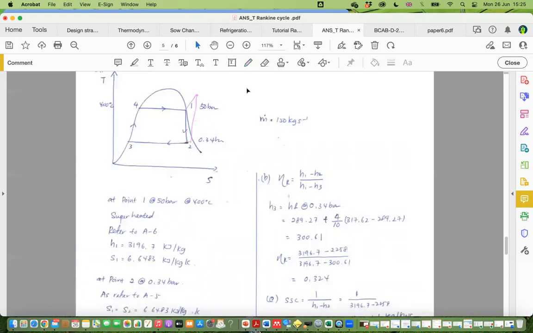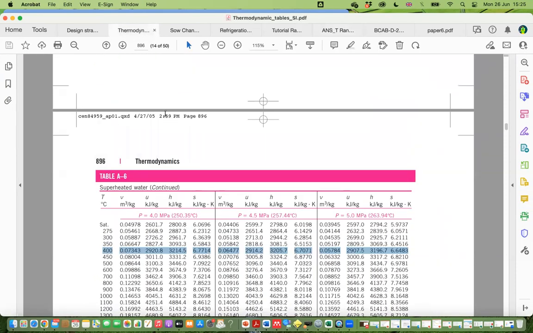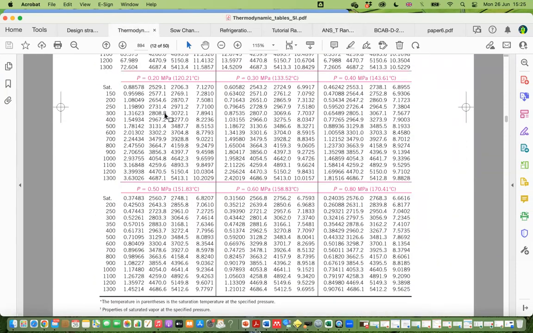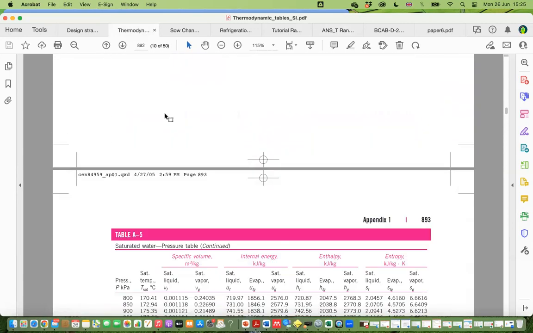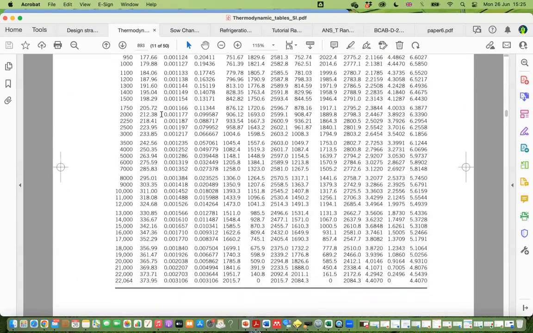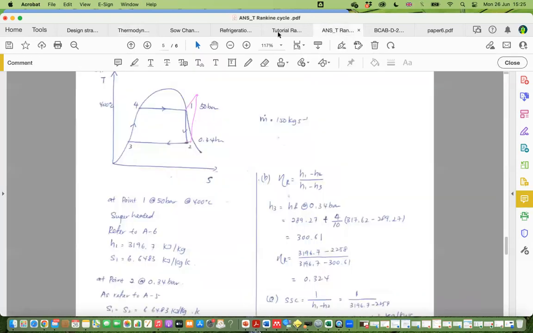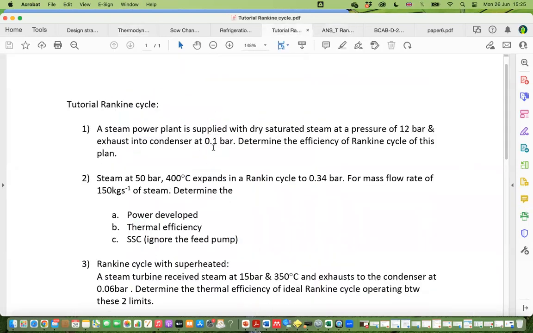The previous one is what I tried to predict. It turned out that when I check the saturated table at 5,000, the temperature is 263, but the question given is 400.